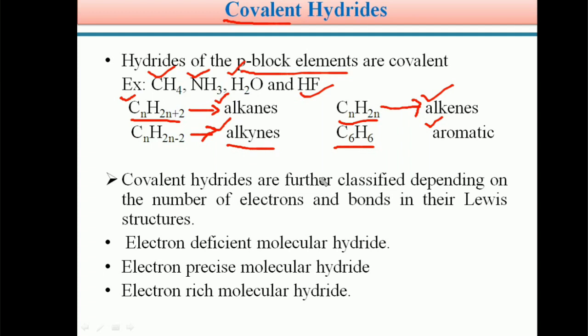Generally, these covalent hydrides are further classified into three types based on the number of electrons and bonds in their Lewis structure.